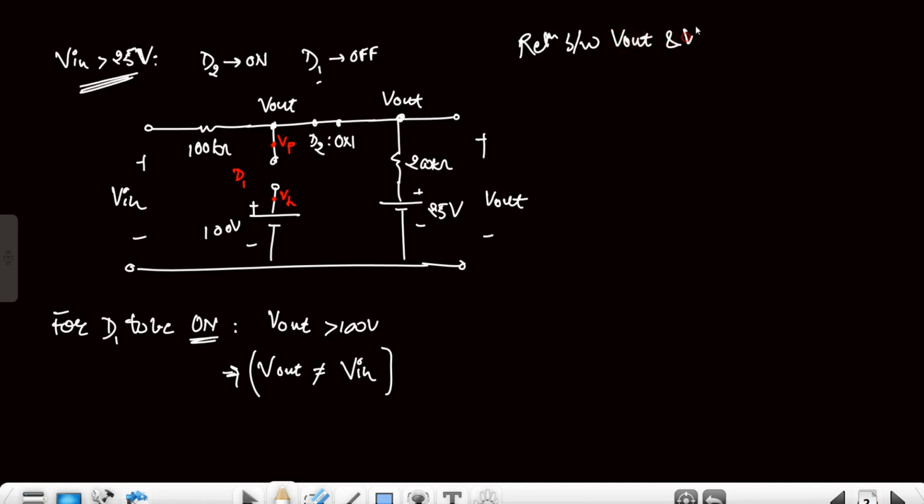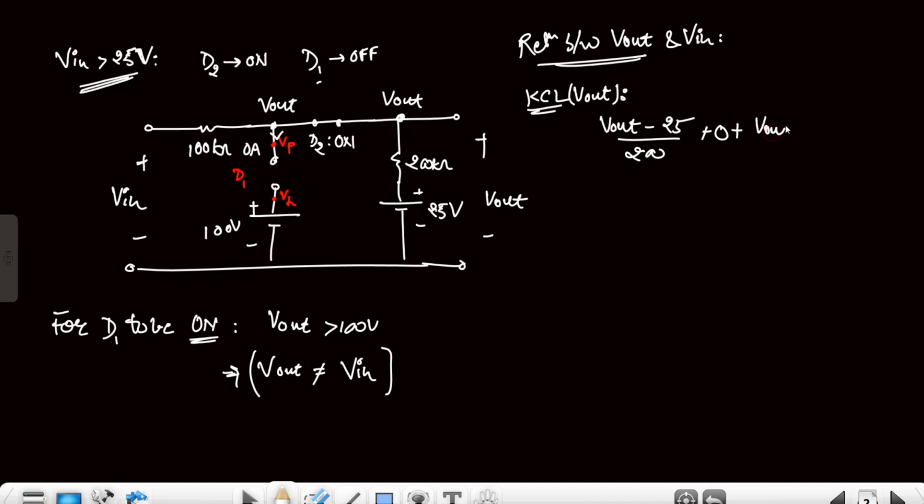For this branch it will be Vout minus 25 divided by 200, and no current goes here because this is an open circuit, so this is 0, plus Vout minus Vin divided by 100, equals 0.